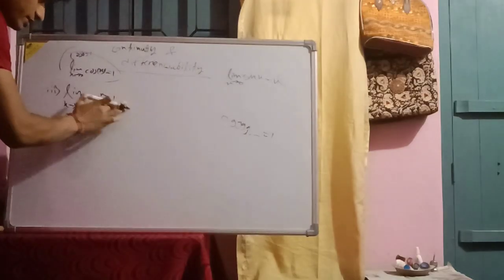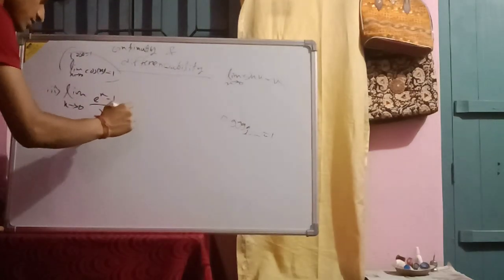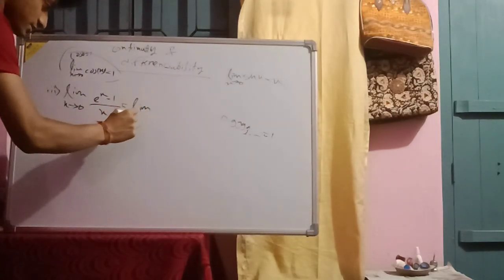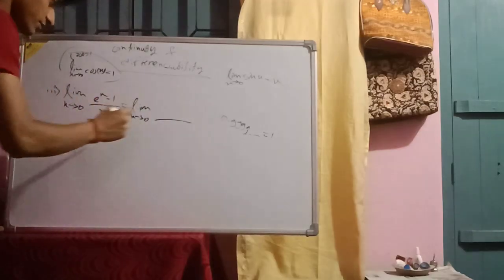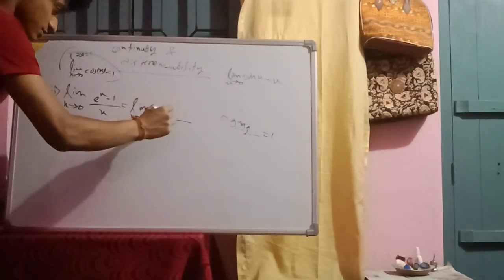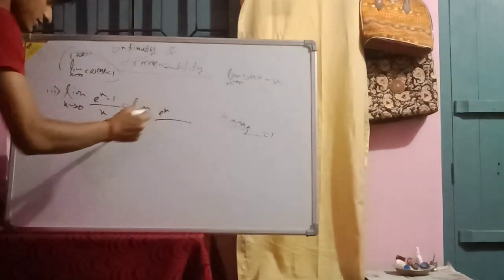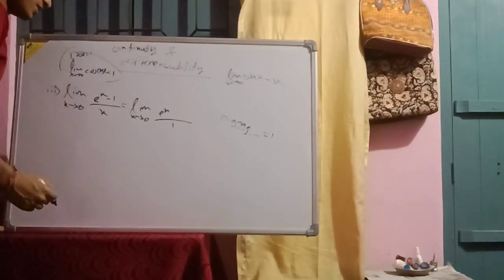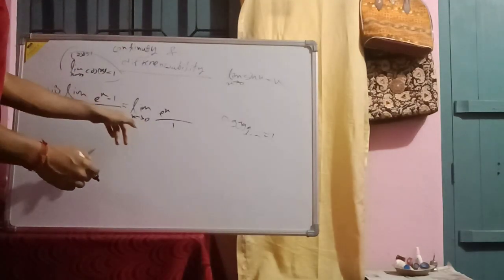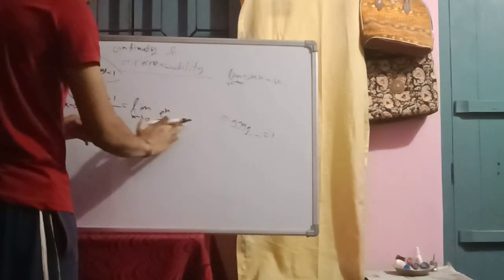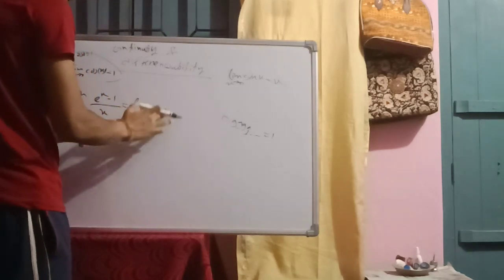So this can be rewritten as limit of x tends to 0, e to the x becomes e to the x, 1 just becomes 0, and we have limit of x tends to 0 of e to the x.